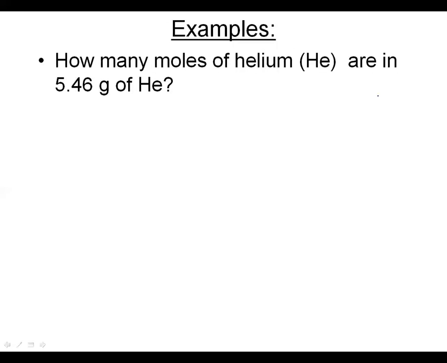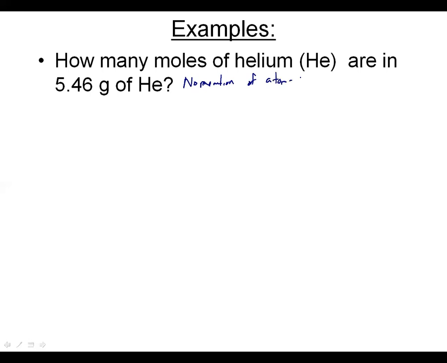So let's take a look at an example here. The question is, we want to know how many moles of helium are there in 5.46 grams of helium. So the idea here is we do not see anything. There's no mention of atoms.